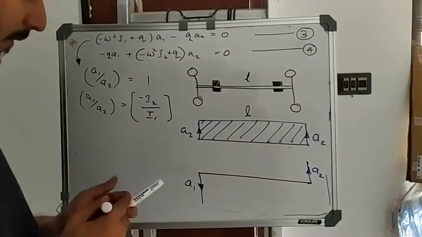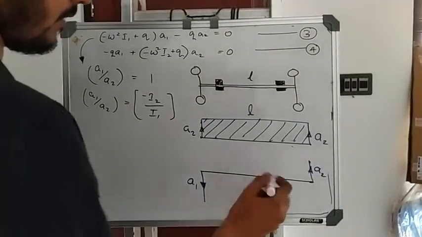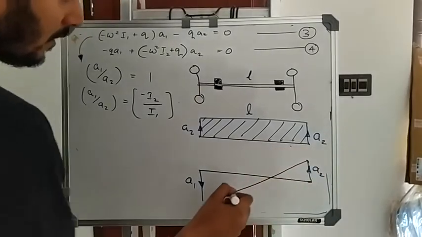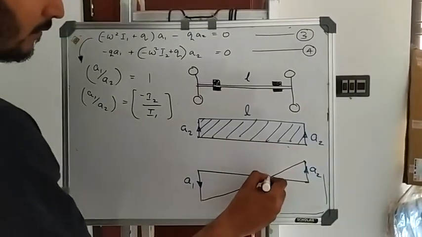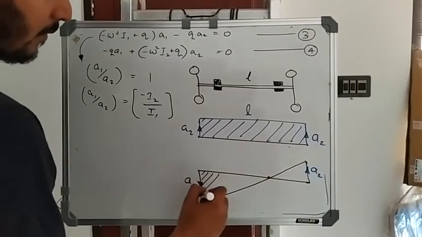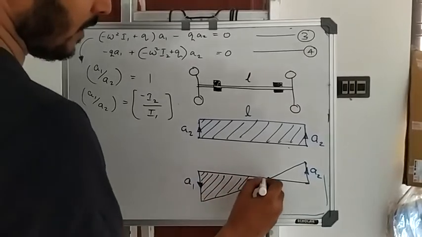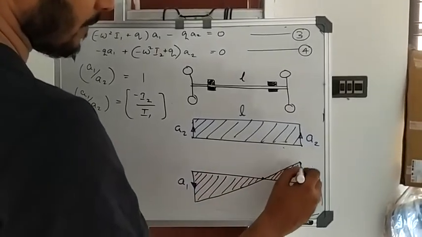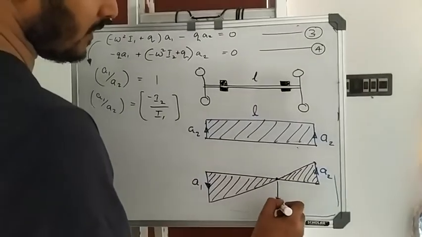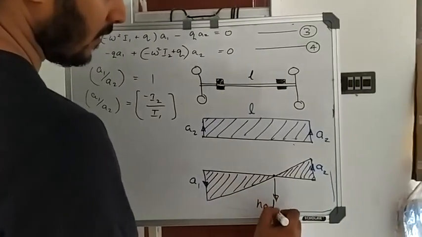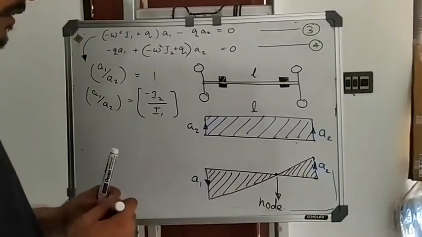That means while the vibration is occurring, you will arrive at a point where the deflection or the amplitude will be minimum, or the amplitude will be 0. This position is known as the node.